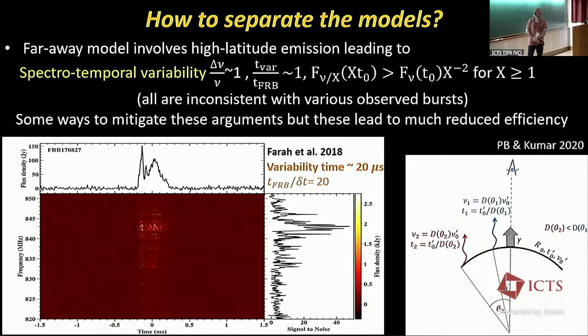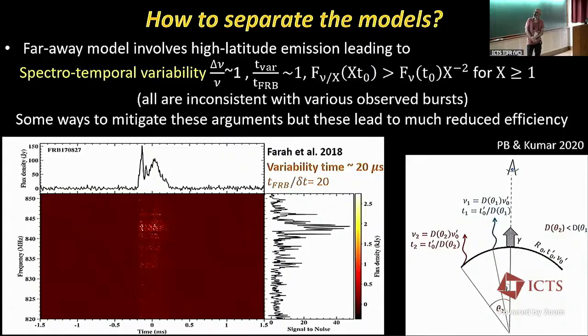You can also have this limit that is shown over there at the top, where if you know the flux at some frequency and some time, there is a minimum level of flux that is unavoidable at some lower frequency and slightly later time. So you can have a flux that is beyond that, but below is impossible. This is just coming from this high latitude emission, even within the 1 over gamma cone above the line of sight.